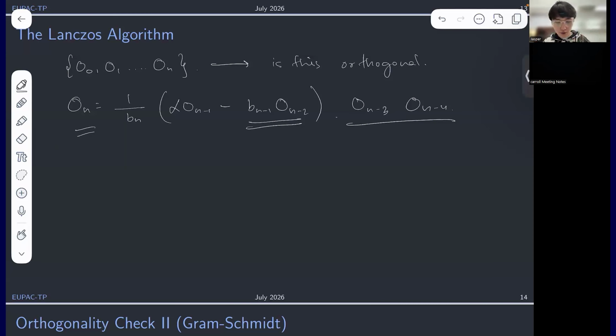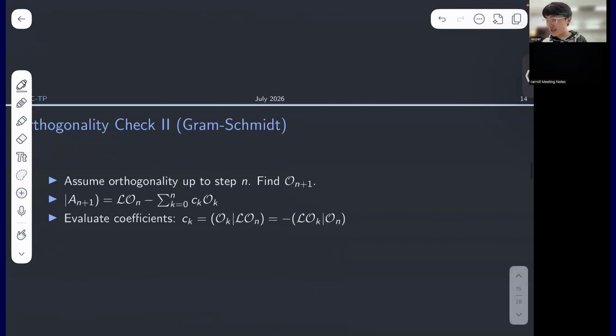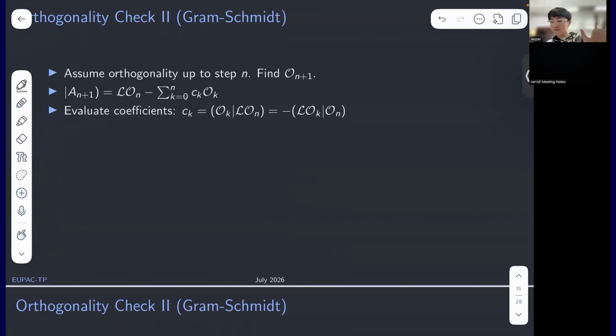But before we move on, I would just like to check that this is actually orthogonal in nature, right? The usual Gram-Schmidt procedure to find an orthogonal basis is to subtract each and every operator that is overlapping with our new operator, our new basis.